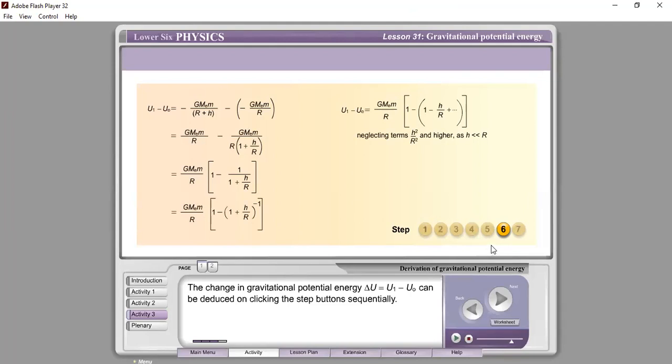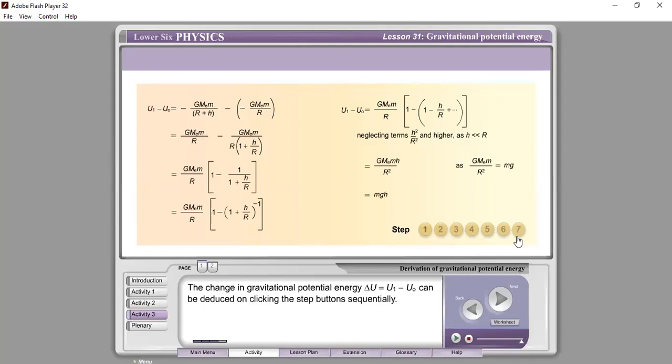plus etc.), neglecting terms h squared over R squared and higher, as h is very much less than R. U1 minus U0 equals GM_E m times h over R squared, as GM_E over R squared equals g.